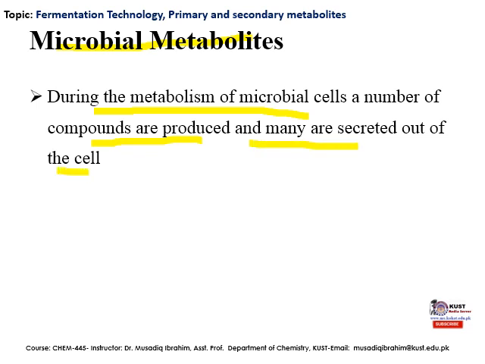As we have discussed earlier, by the process of fermentation, penicillin is produced by Penicillium chrysogenum, which is basically a fungus. So penicillin is a secondary metabolite, and it is secreted out of the fungal cell. It means that many metabolites secreted by microbes are beneficial for human beings.